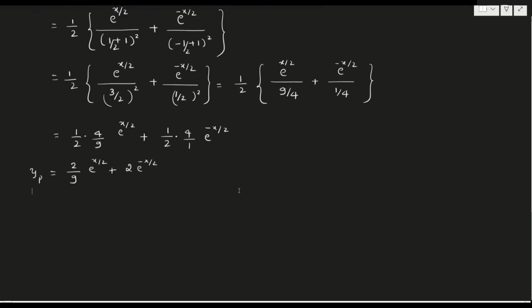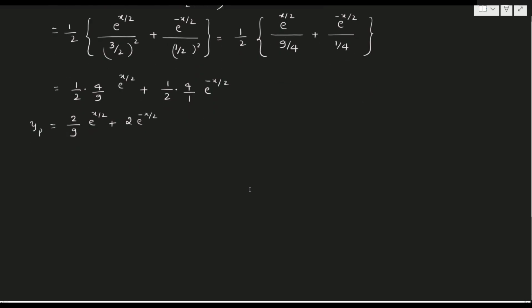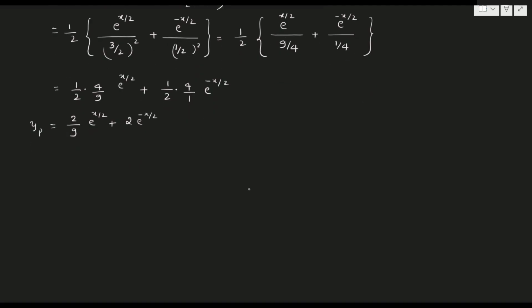So now we need to write the complete solution. Thus, the complete solution is y, given by yc plus yp. Therefore, y is equal to yc, which is (c1 plus c2 x) into e to the power minus x, plus yp.